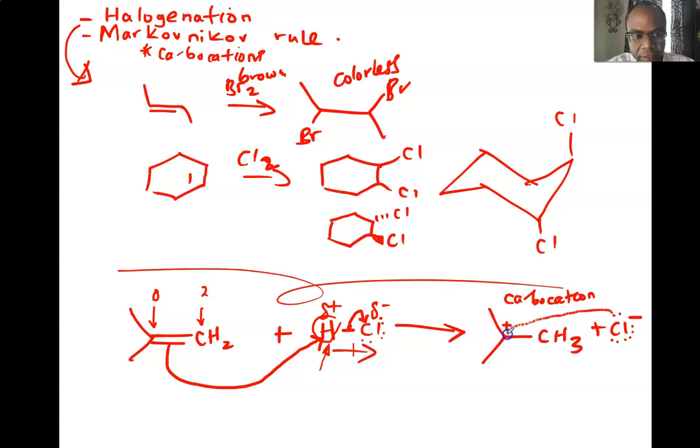It's going to come back and attack the positive center because opposite charges attract, and this will be a product. So remember, your hydrogen was added here where already you had 2 hydrogens. So the hydrogen added there, the chlorine added there. This reaction is called hydrohalogenation.